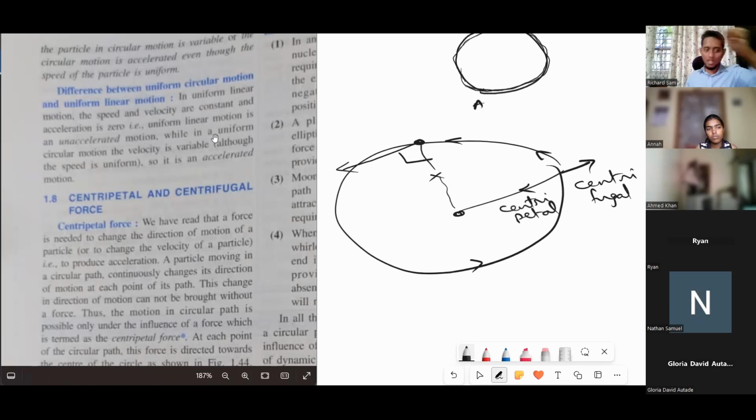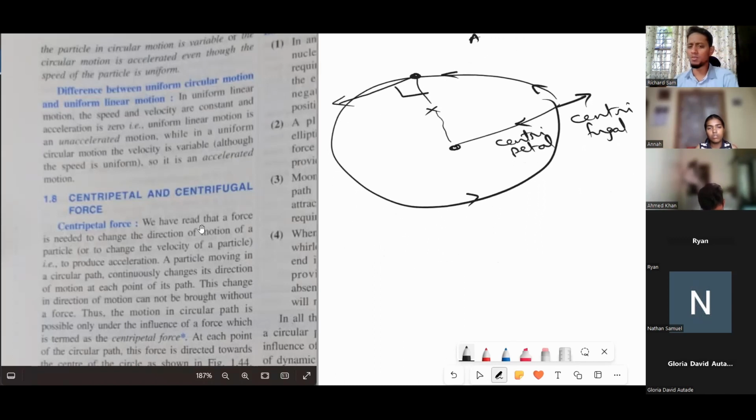While in a uniform circular motion, what is constant? Speed is constant. Velocity is, the word used here is variable. Variable means it changes, although speed is uniform. So it is an accelerated motion. What is the formula for acceleration? Does anyone remember the formula for acceleration?